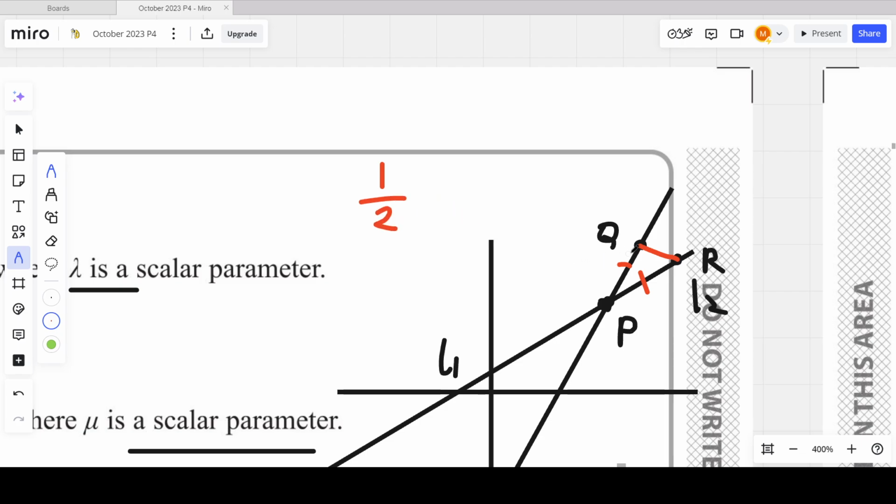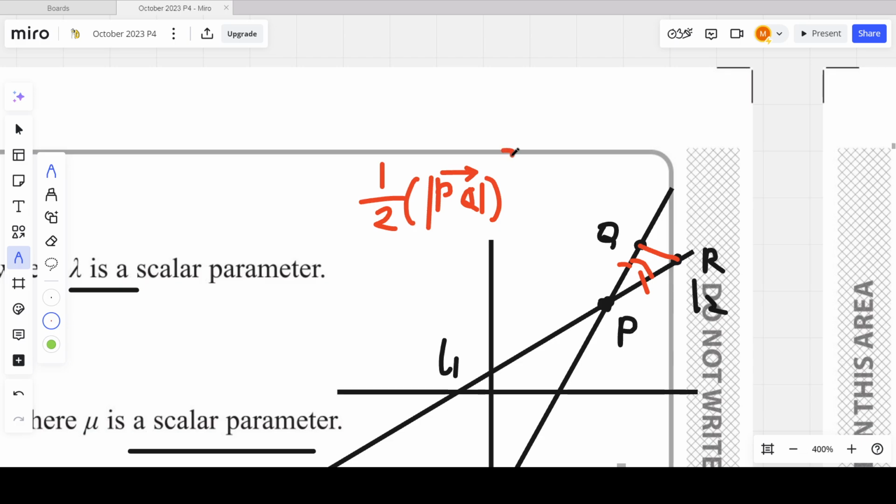Since it is an isosceles triangle, we will consider this angle theta. So half of AB would be the length of PQ or PR. PQ is better because PR we don't know R exactly. So the length of PQ, its modulus.